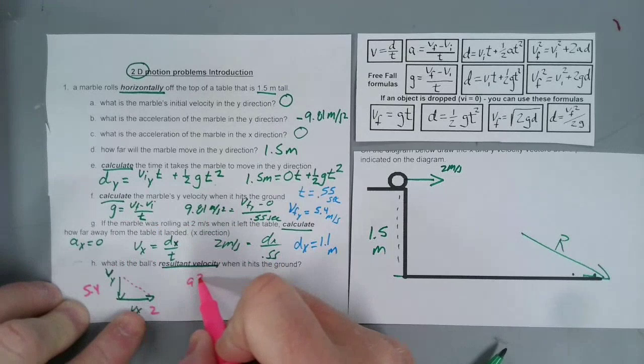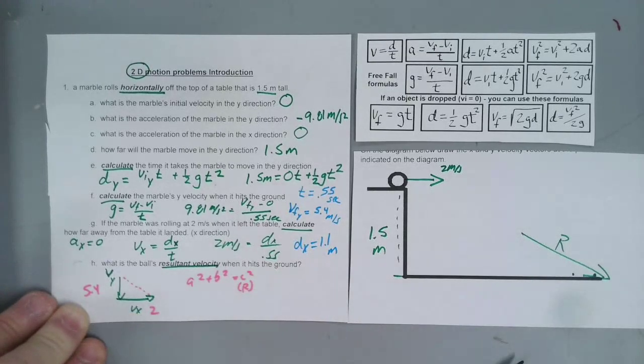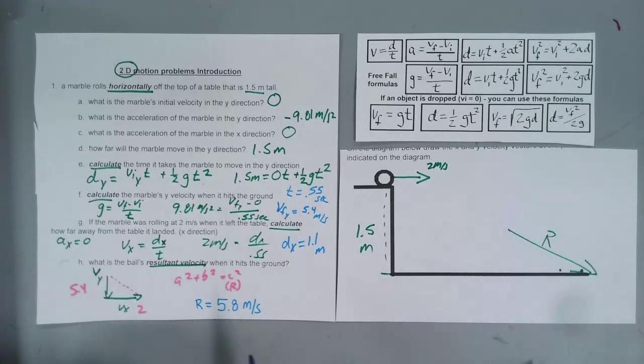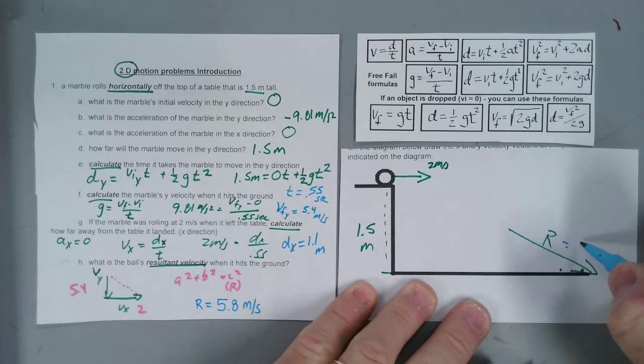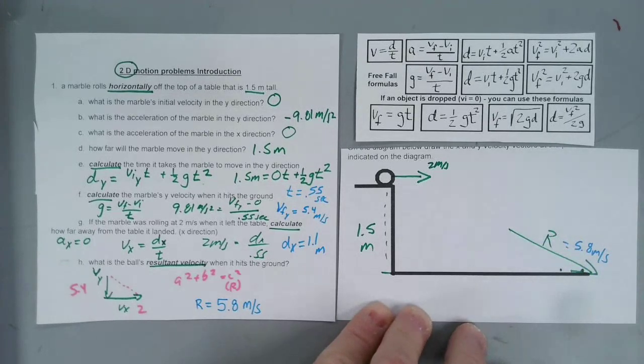We can do a squared plus b squared equals c squared, which is my resultant velocity. And there you can see the final or the resultant velocity of 5.8. So that's how the ball is moving when it's hitting the ground. It impacts the ground with a velocity of 5.8 meters per second.